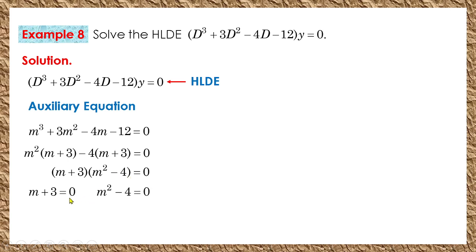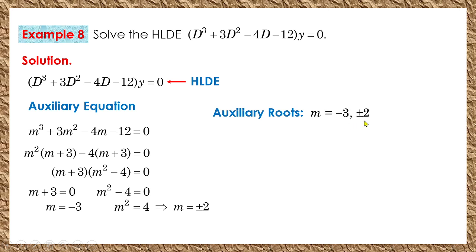So m + 3 = 0 and m² - 4 = 0. So -3 for the first root, and ±2 for this. The auxiliary roots are -3, 2, -2. Case 1, all the roots are distinct.